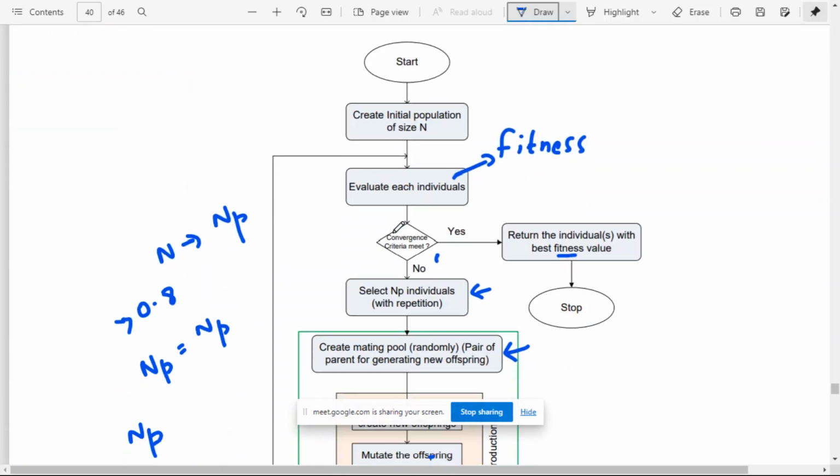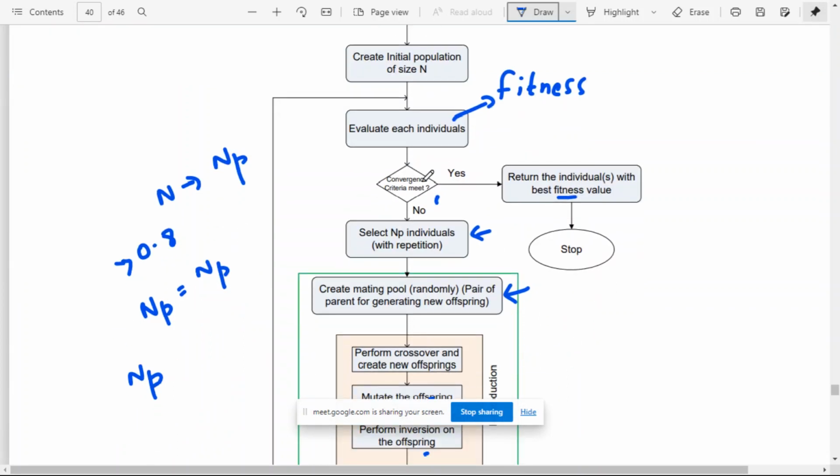So basically the main difference here is, if convergence is not met, then we identify NP individuals with the highest fitness score. Then we identify an equal number of mating partners for them, and from this we create offspring.